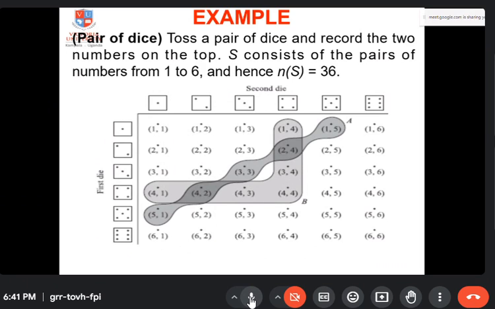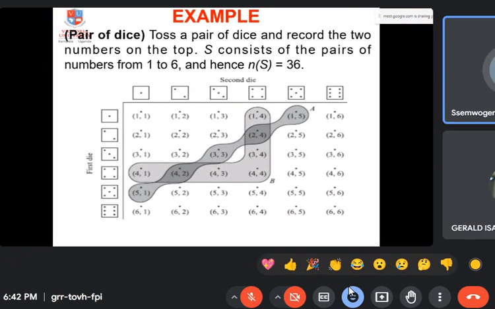Is it okay? Okay. And then you can see the intersection, a 4-2 and a 2-4. That is the intersection. I hope you can see that one also. You see those two sets? So that is what we are talking about.